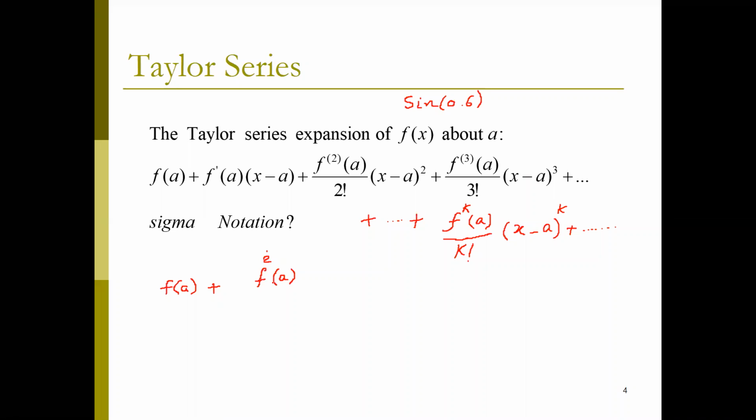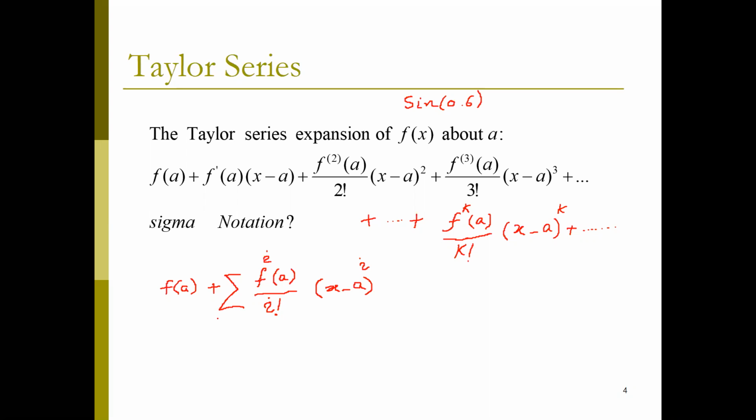This is the ith derivative of the function at a divided by i factorial, and x minus a raised to the power i. And we have to sum it.